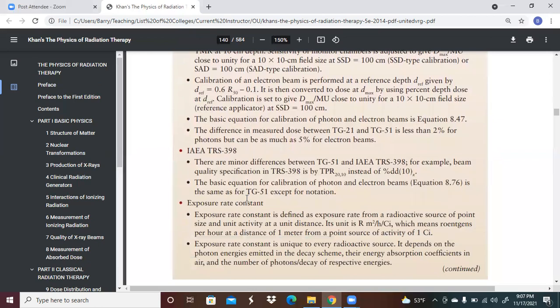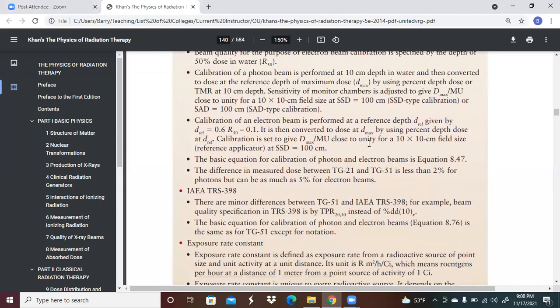Now, the calibration of an electron beam is going to be performed at a reference depth given by this particular formula. It is then converted to dose at Dmax by using PDD at the reference depth. And the calibration is going to be set to give, again, that same ratio close to unity for a 10 by 10 field size at SSD equal to 100.